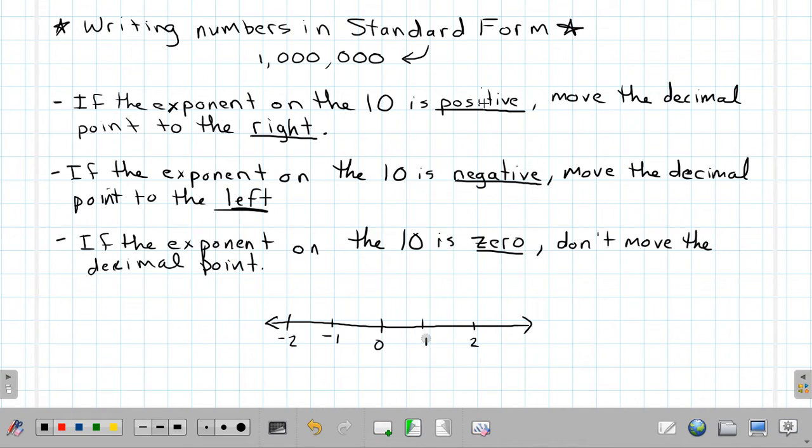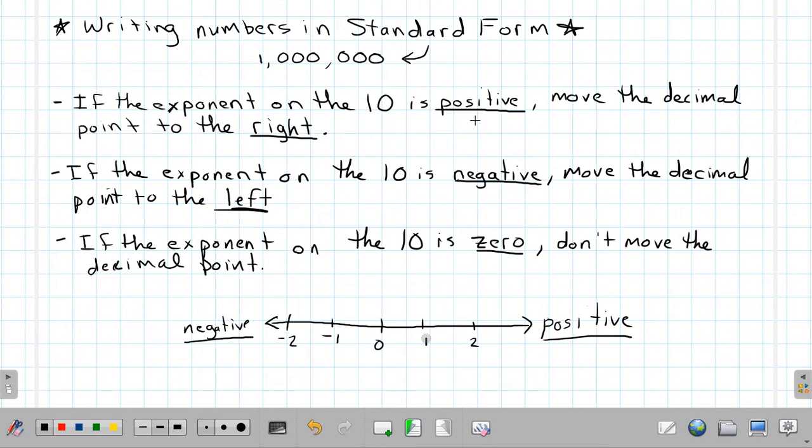Positives are to the right, so that indicates you're going to move the decimal place to the right. Negatives are on the left of the number line. If you can remember which way you go on a number line to get the positive numbers and which way you go to get the negative numbers, that tells you which way to move the decimal place.